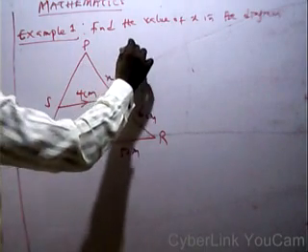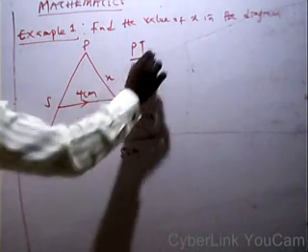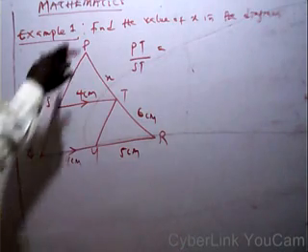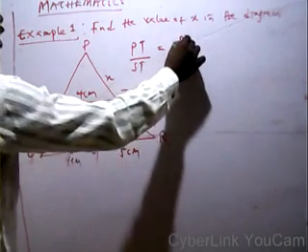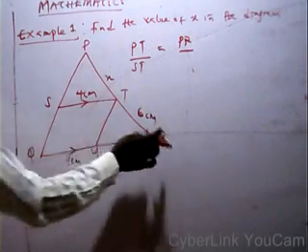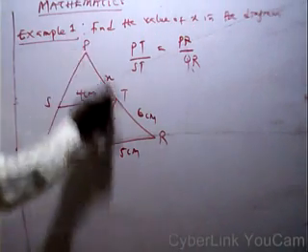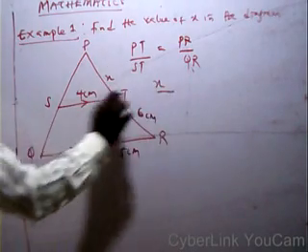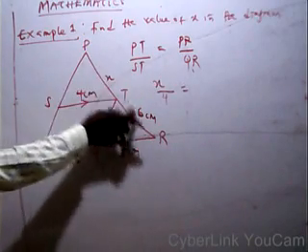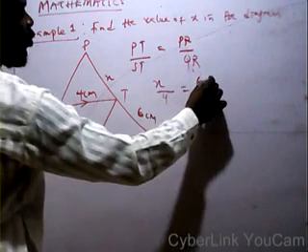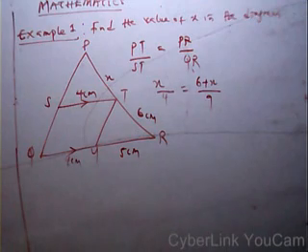We now say that your PT over ST equals, considering triangle PRQ now, PR over QR. So that's the ratio you are going to work with. What is your PT? That is X over 4 equals 6 plus X over 9. So this is the equation you are going to solve to get your answer.